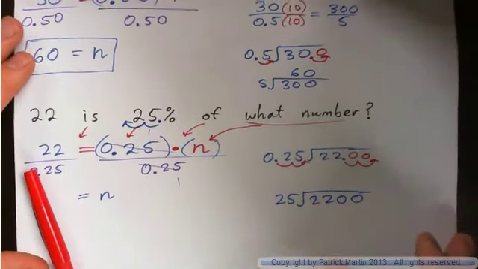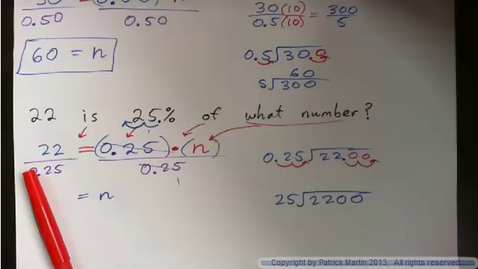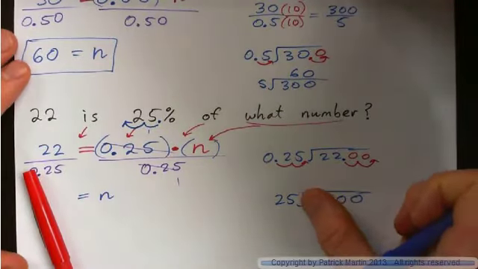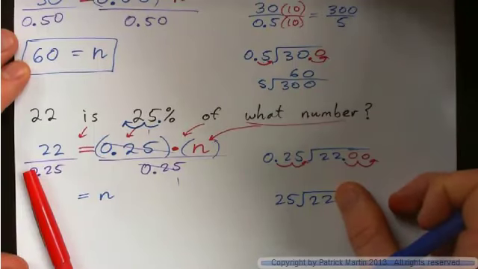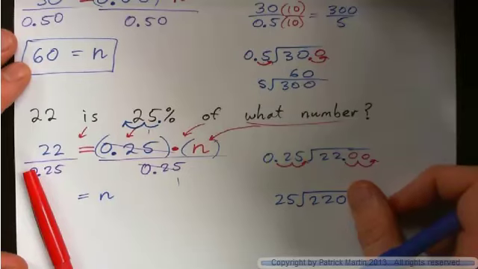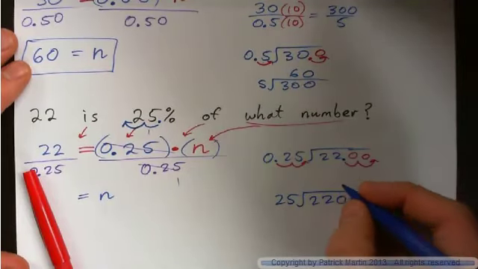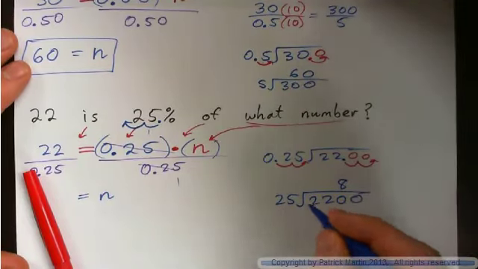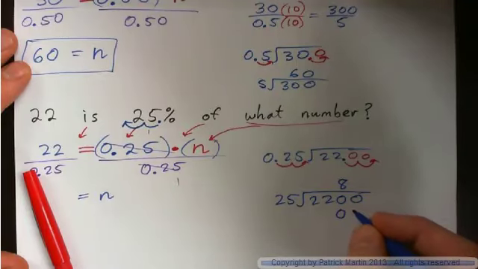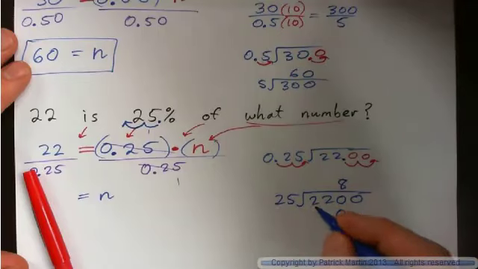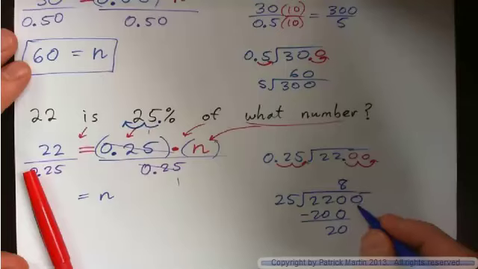So what does that become? 25 into 22 won't go. 25 into 220. I'm going to guess 8 times. Let's see what happens. 8 times 5 is 40. Carry the 4. 8 times 2 is 16, and 4 is 20. Subtract. And I get 20. Bring a 0 down.